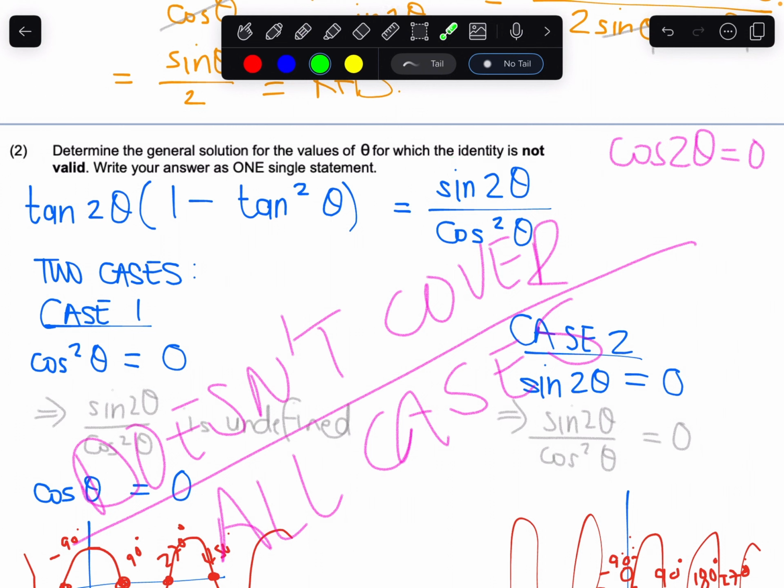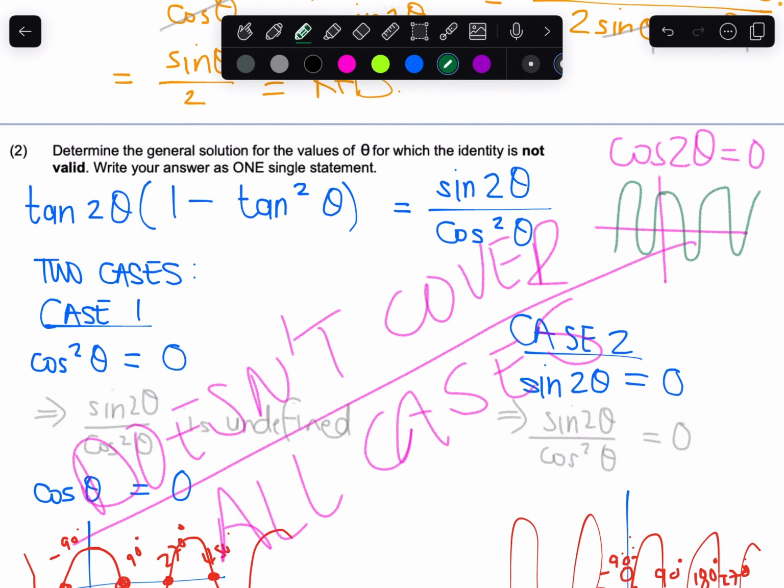So cos 2 theta equal to 0, well, we need to imagine our cos graph squished, right? So something like that. So instead of this x-intercept happening at 90, it would now happen at 45. This one used to happen at 270, but will now happen at 135, and so on. So you would have 45 degrees plus k 180, which is the new period.